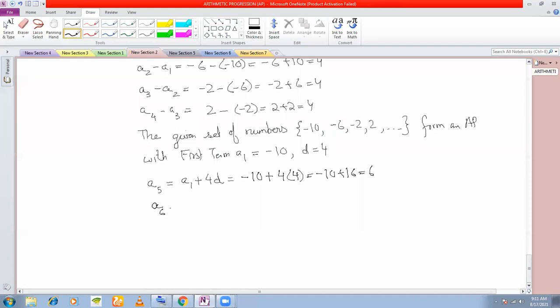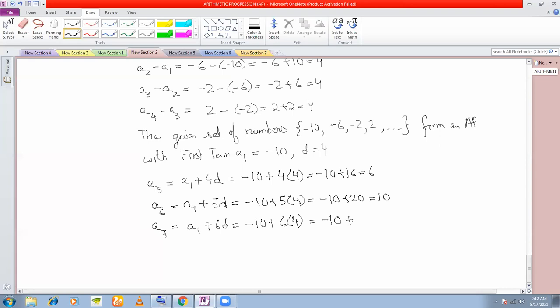The next term, the sixth term, is A1 plus 5D. -10 plus 5 into 4, which is -10 plus 20, which is equal to 10. Seventh term, A1 plus 6D. A1 plus 6 into D, -10 plus 24, which is equal to 14. So these are the next three terms, 6, 10, 14.